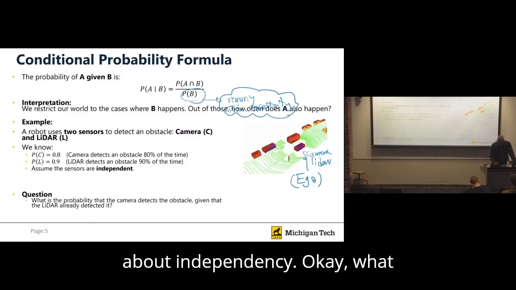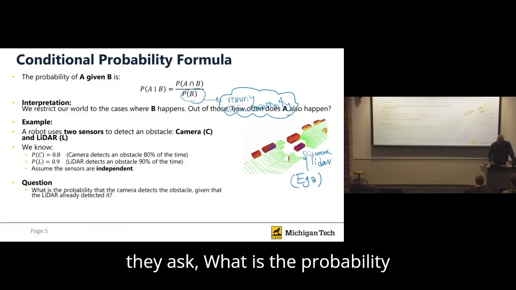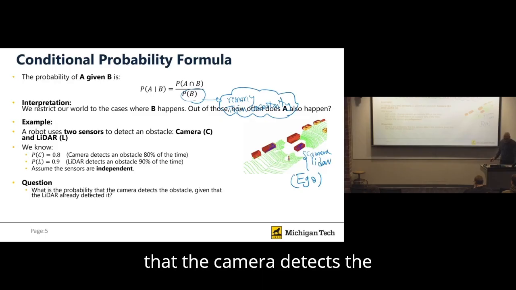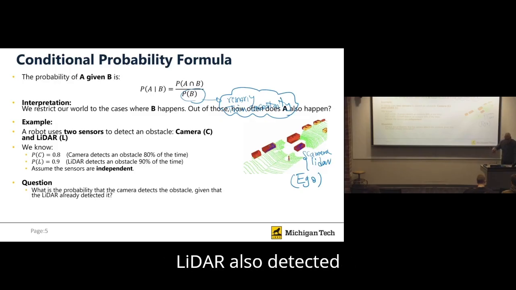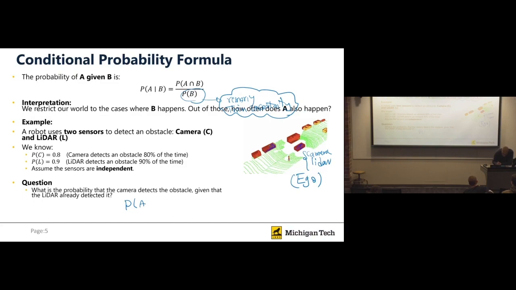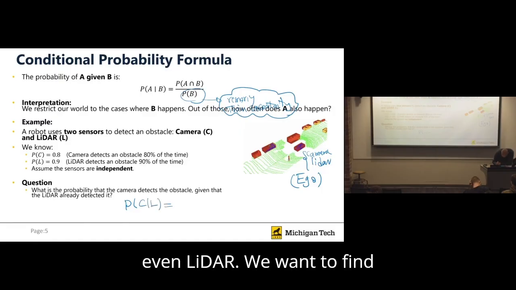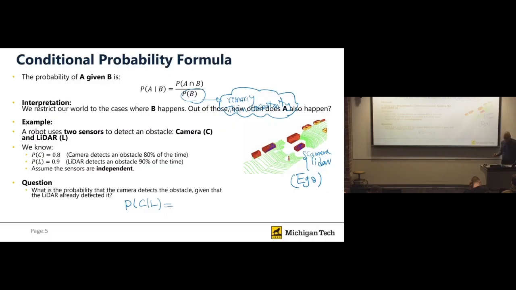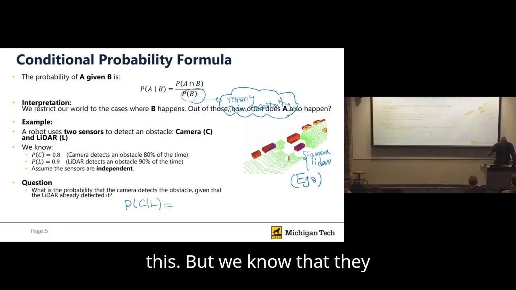OK, what they ask is, what is the probability that the camera detects the obstacle, given that the LiDAR also detected the obstacle? So we want to find the probability of C given LiDAR. But we know that they are independent.